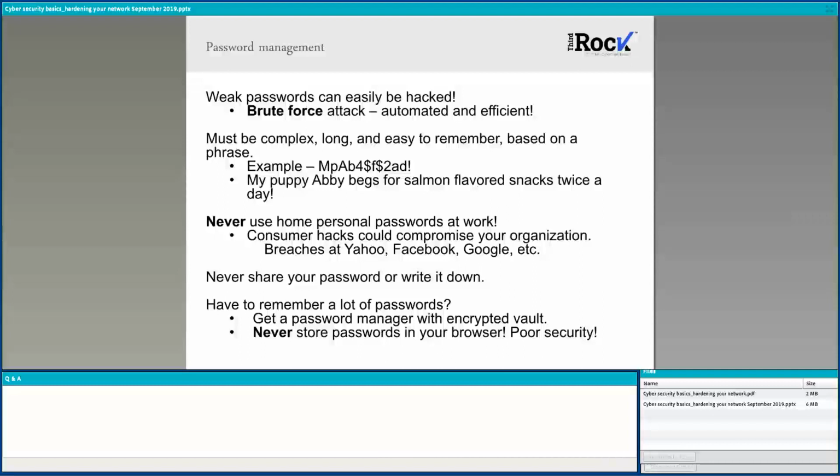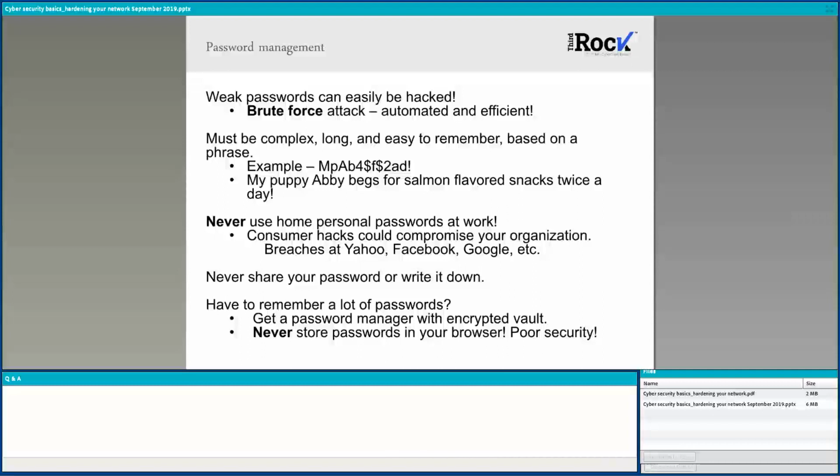Never use your personal passwords for your home applications, like Facebook or anything else, at work, because if those organizations get breached, they can easily figure out where you work from the public information out there, and they will try to use those passwords to break into your business or your practice.